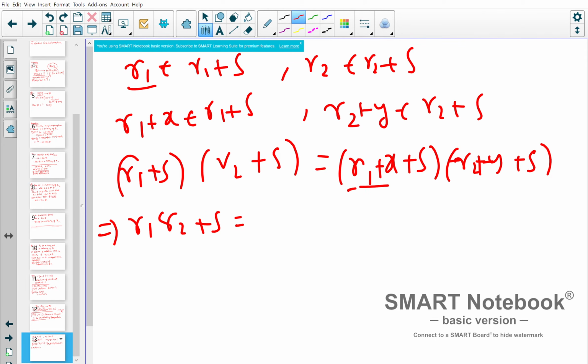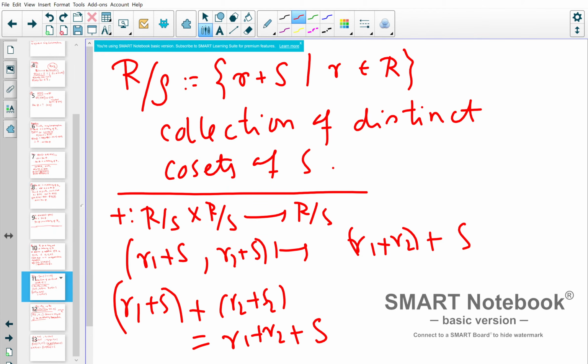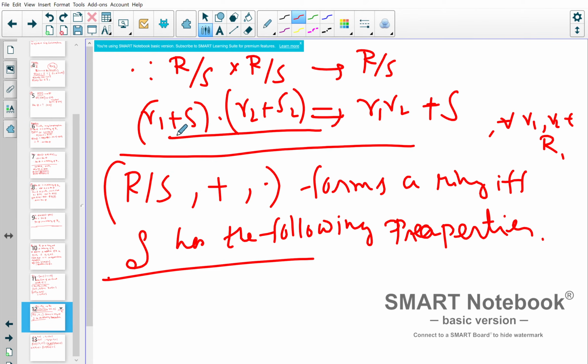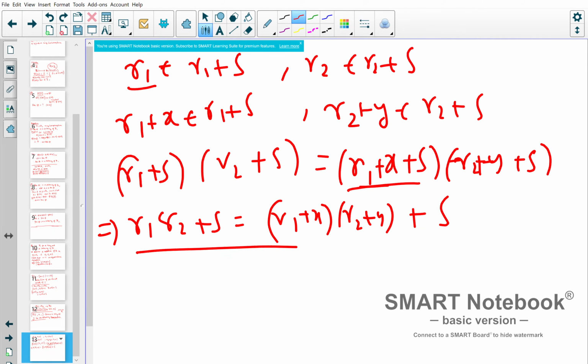The way we define it here, this equals R1 plus X into R2 plus Y plus S. These two things should be equal, and only then can you say that this multiplication is well defined, and then obviously the rest are simple. So this is the important thing you need to check.